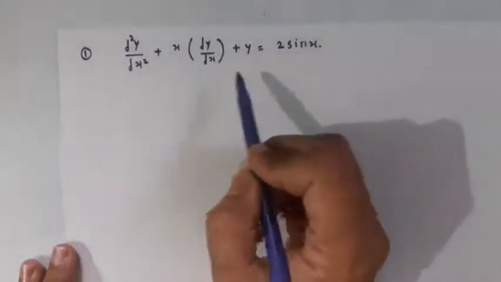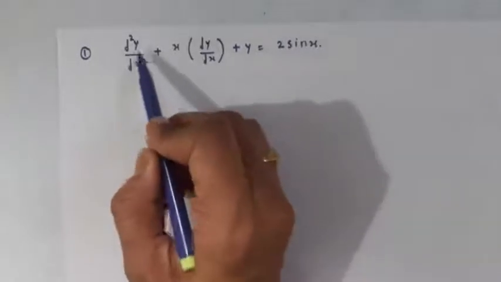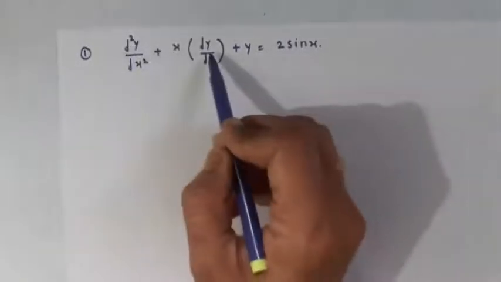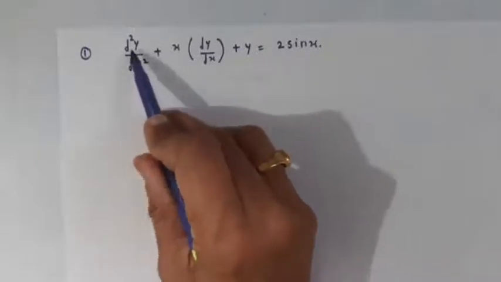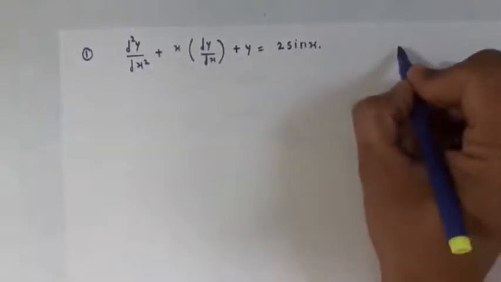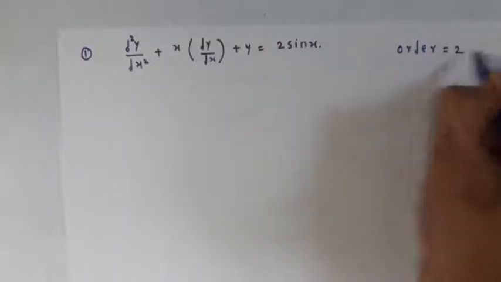So in this differential equation, d2 square y by dx square means second order, dy by dx first order. So which is the highest order? So highest order is 2. So here order of differential equation is 2.